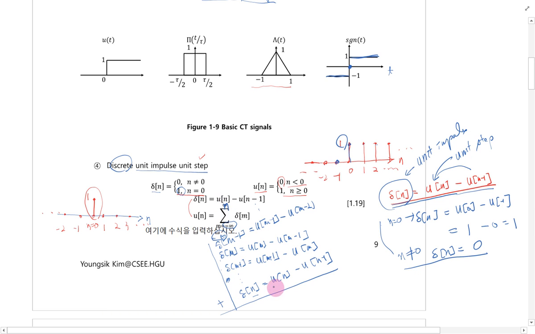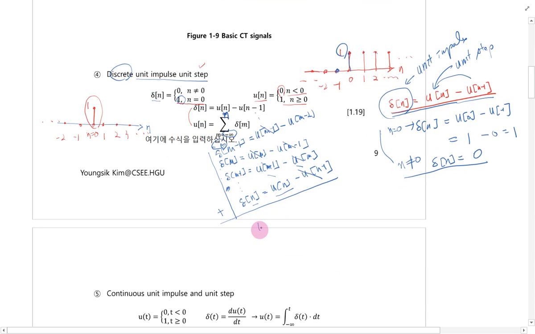Then by adding them, you can see this one is cancelled out, this one also cancelled out, like that. Only u[n] remains. It says that u[n] should be equal to the sum of delta[m] from m equals minus infinity to n. By summing up, we can find u[n] because of these cancellations.